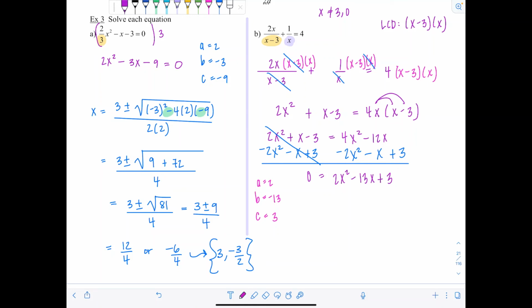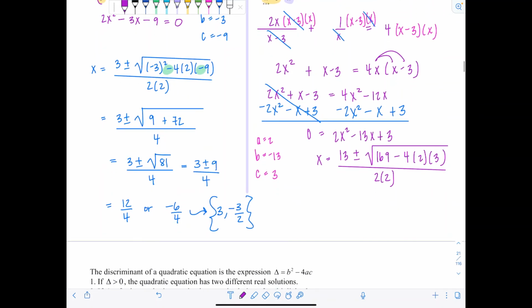I hope you did. So x is equal to opposite of b plus or minus square root of b squared, negative 13 squared is going to be positive 169, yeah? Minus 4 times a times c, all over 2a, 2 times 2.